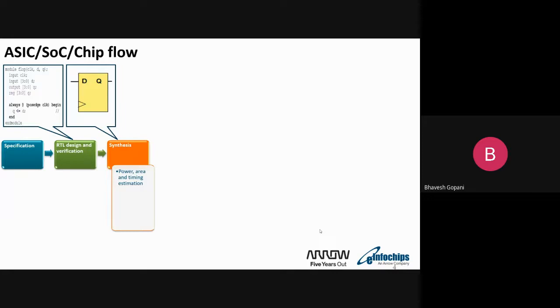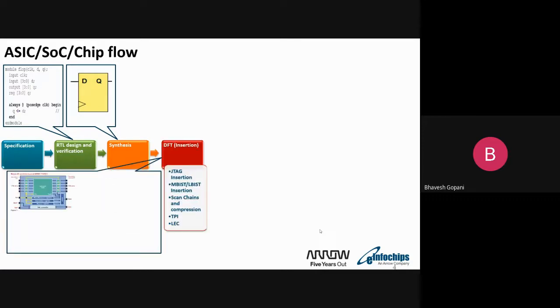Once the synthesis is done, our netlist is ready for the next step.